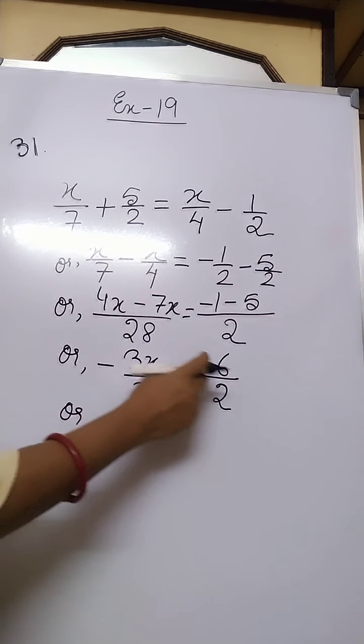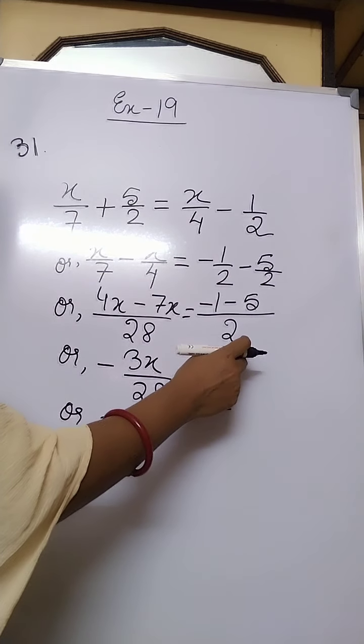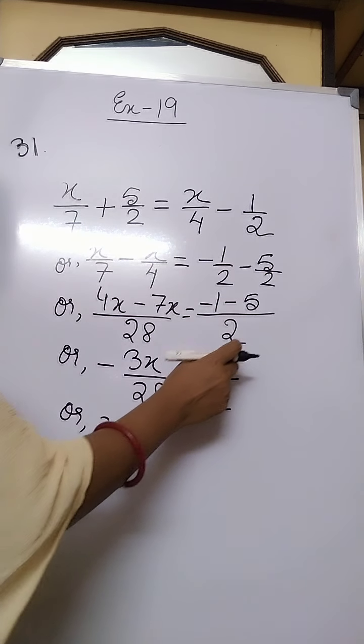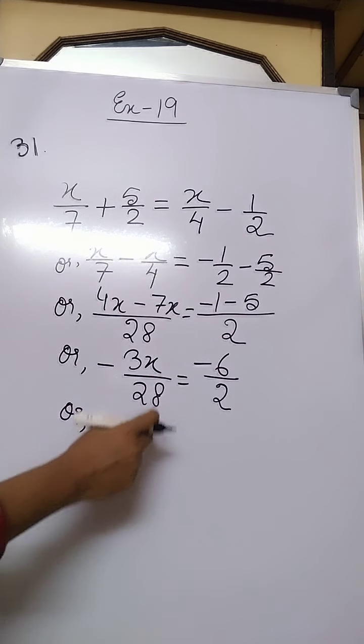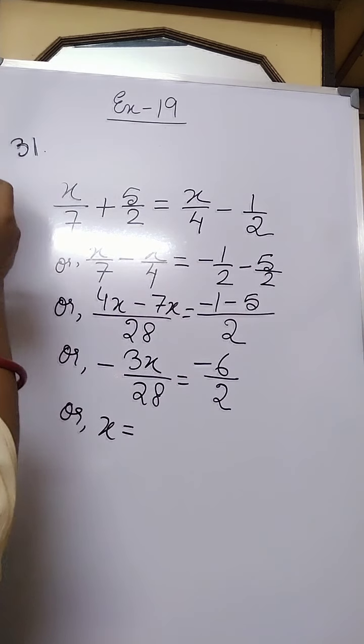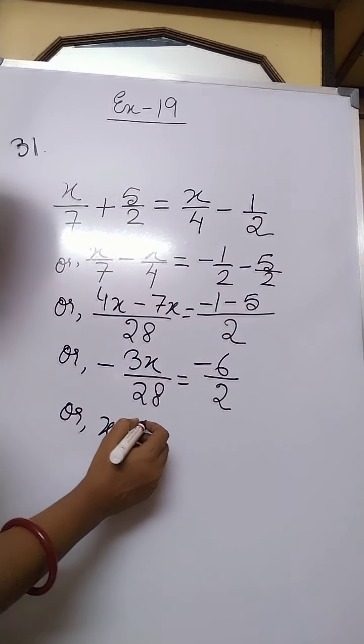The numerator will become denominator in the right hand side, and the numerator and the denominator in the left hand side will become numerator in the right hand side. From numerator they will become denominator.